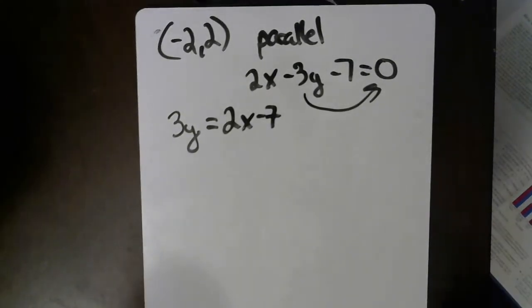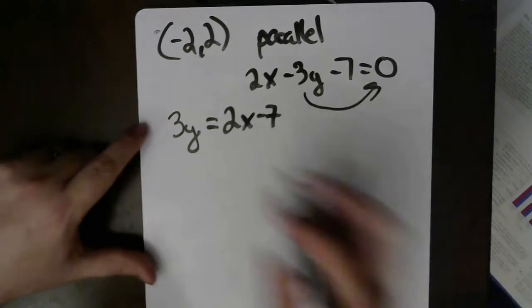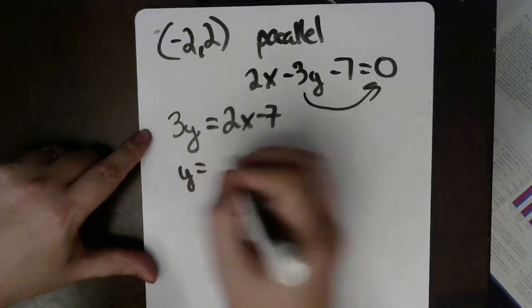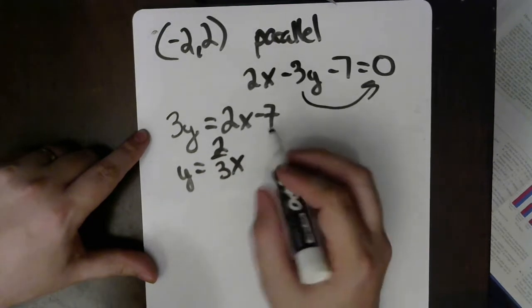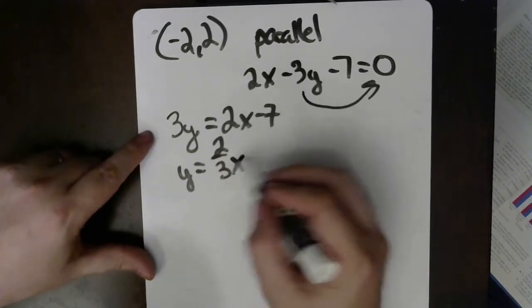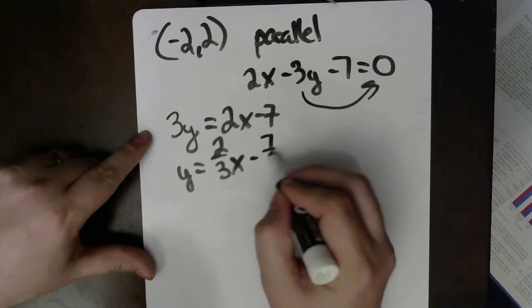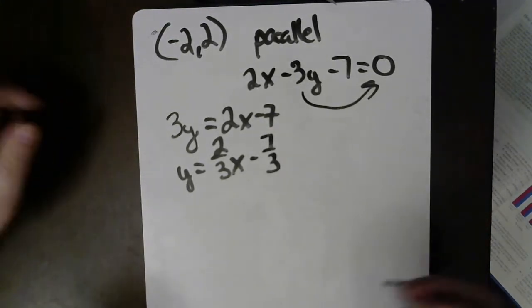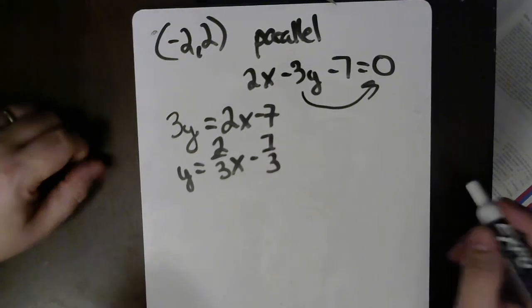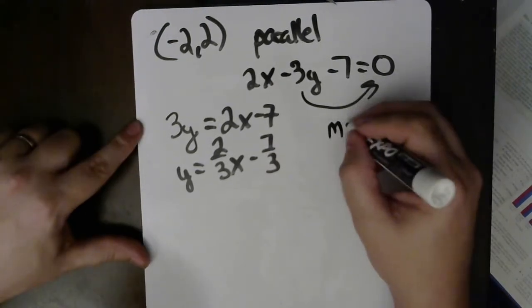Okay? Now, we still don't have our slope. We need y by itself, so we're going to divide everything by 3. So 2 divided by 3, and then 7 over 3. Okay, so what is our slope? What is our m?